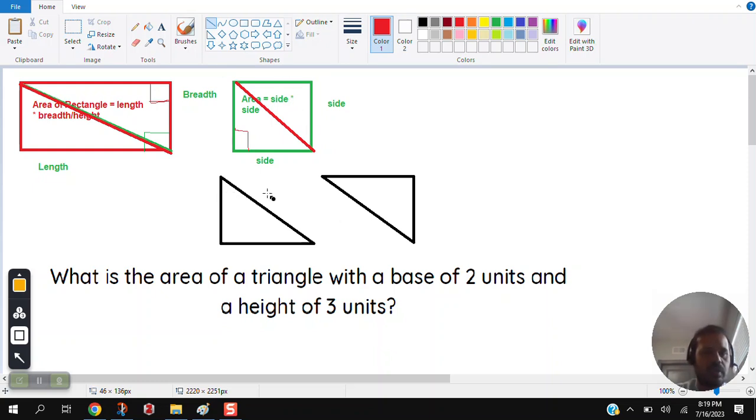And how we can prove that is, if you cut these two along the diagonal, you get 2 similar triangles, and if you superimpose one on another, you'll get the perfect square.